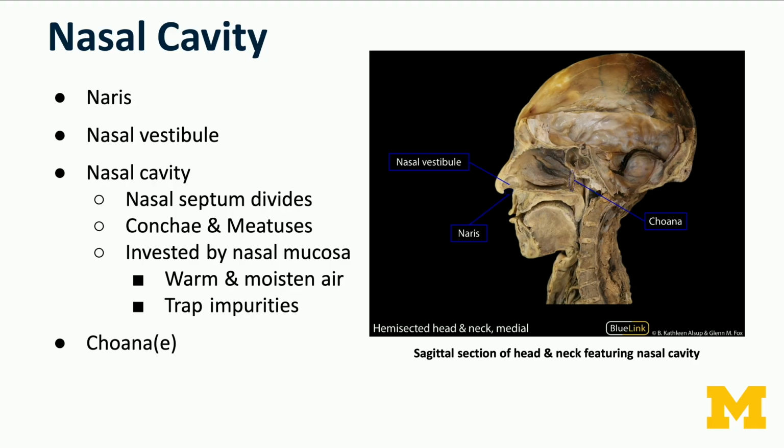The nasal cavity is separated from the pharynx by the choana, plural choanae. So we refer to these as the internal nares. So the external nares are your nostrils, your internal nares are your choanae.